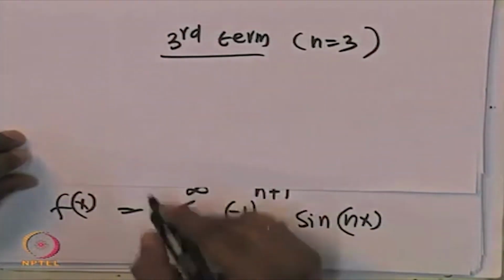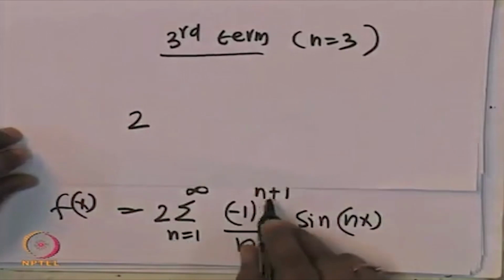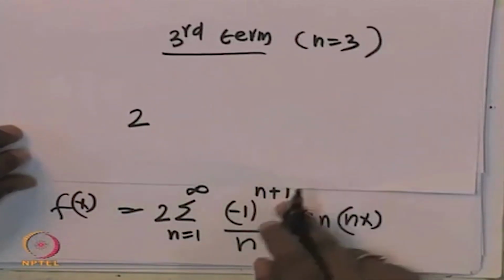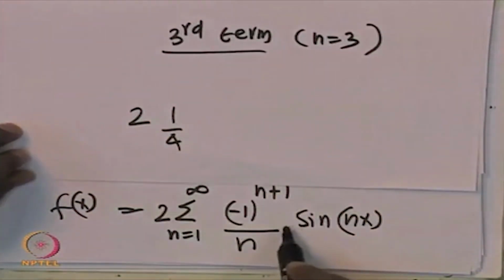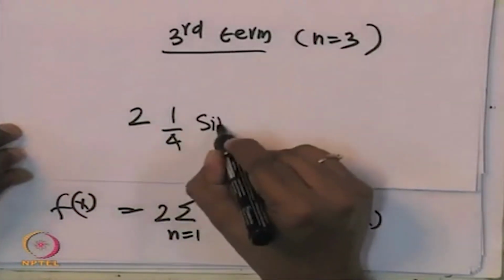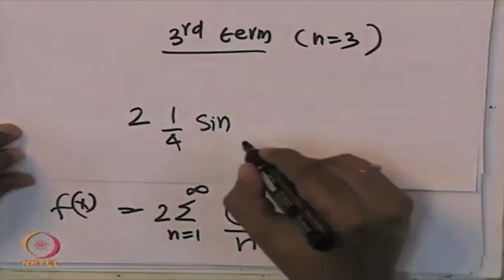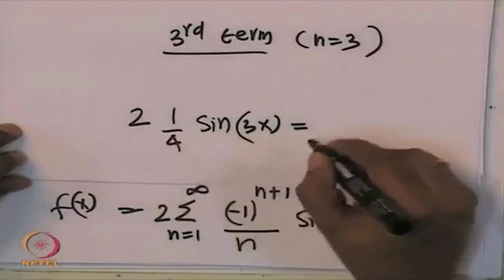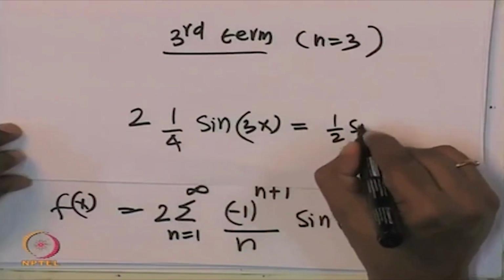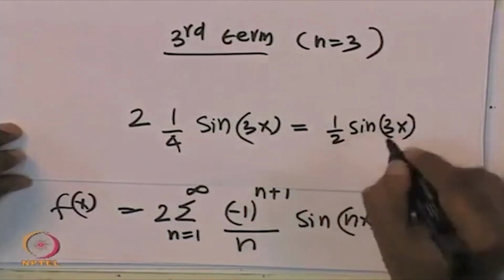The third term is 2 into 1 by 4, since 3 plus 1 is 4, times sin 3x. So, this is 1/2 sin 3x. This is our third term.